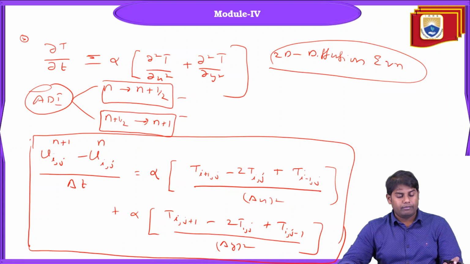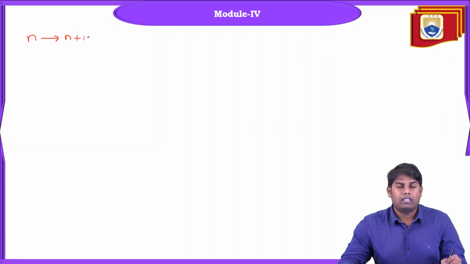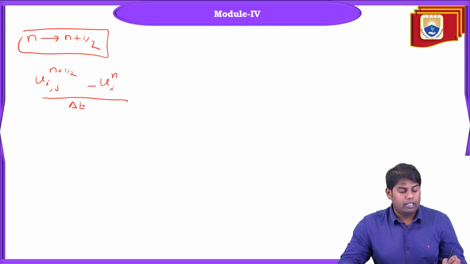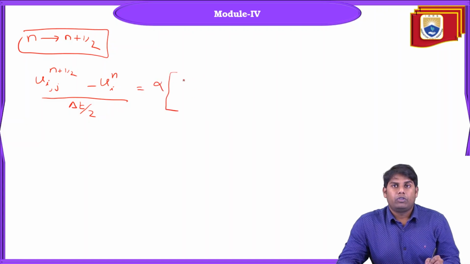Okay. So we'll see here the first step, which is between n to n plus half. So let us write the equation here. Then u of i comma j to the power of n plus half minus u of i comma j to the power of n, divided by, here you cannot write delta t by 2, you have to write, is equal to alpha into u of i plus 1 comma j.